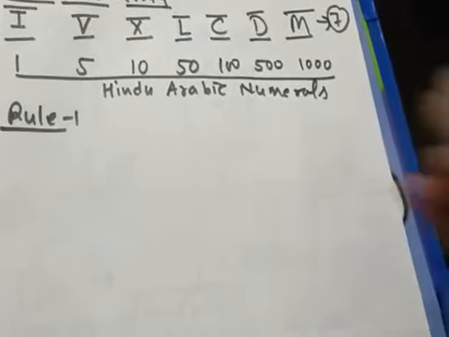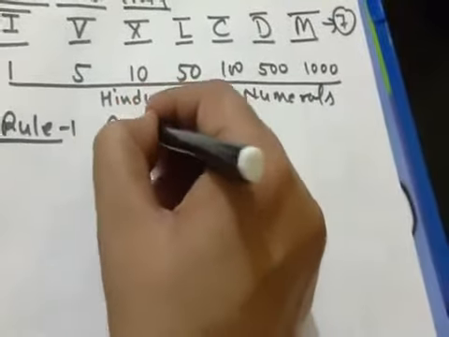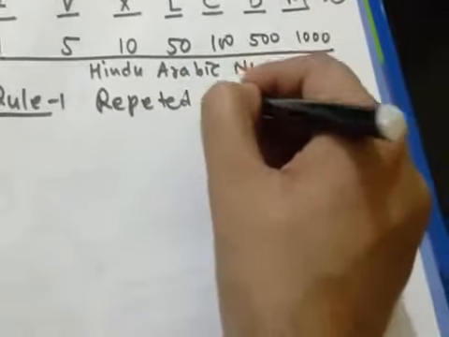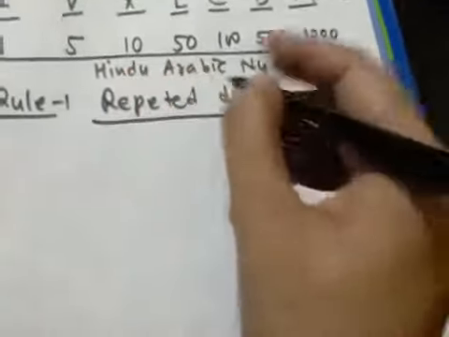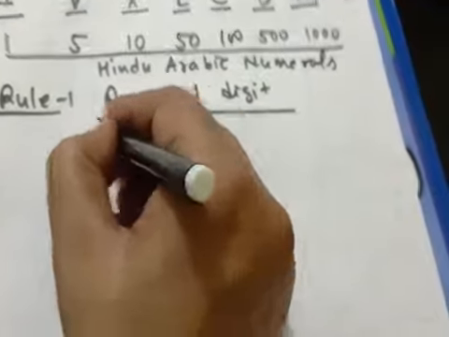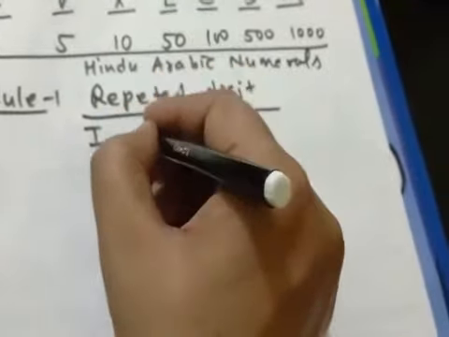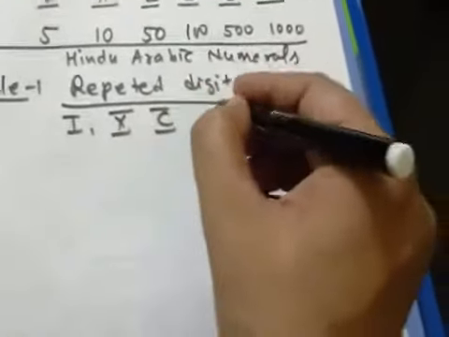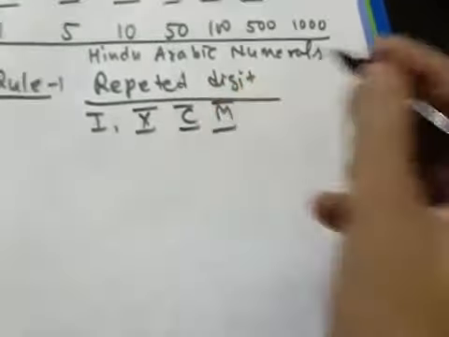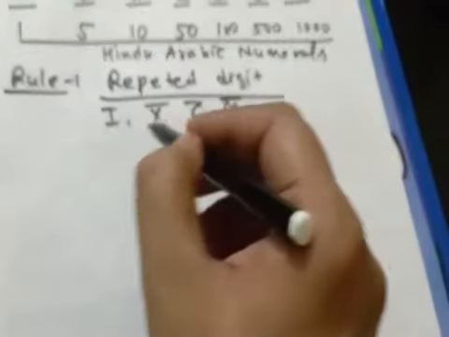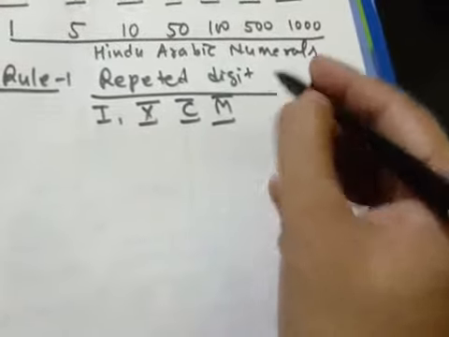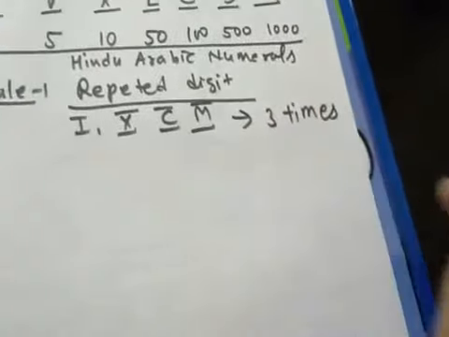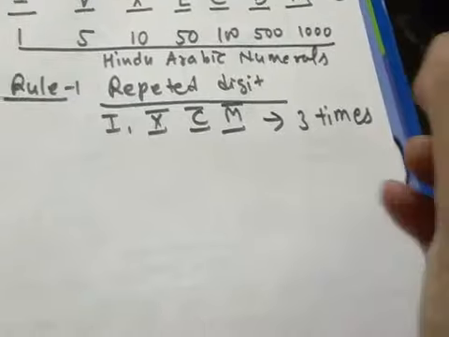These are I, X, C and M. Remember, we can repeat these digits a maximum of 3 times.